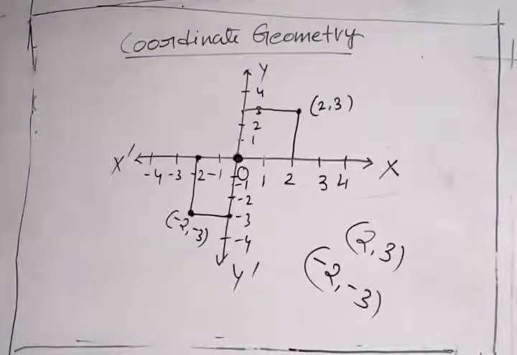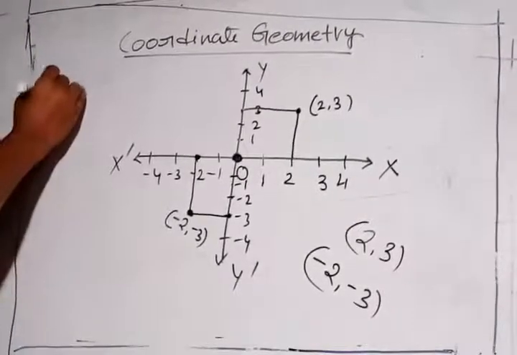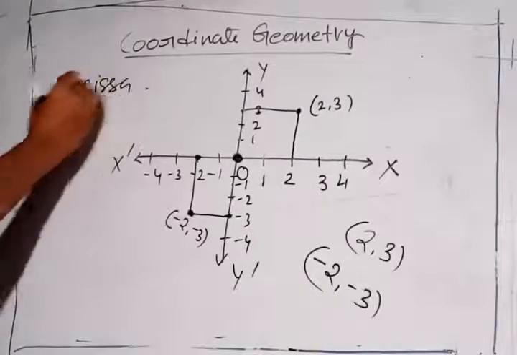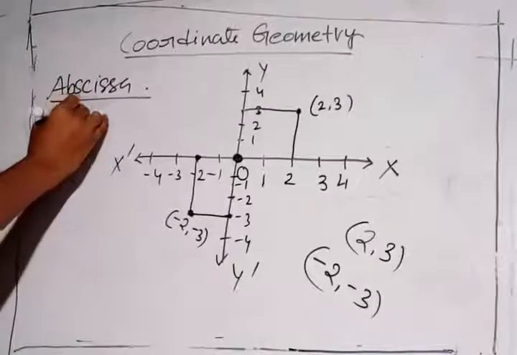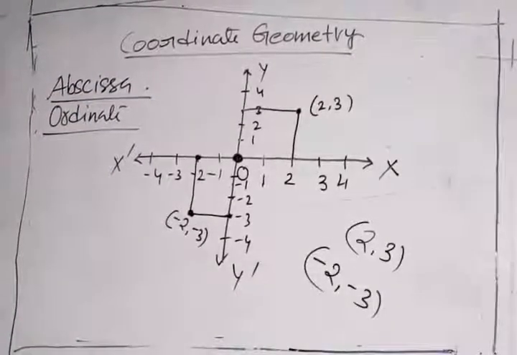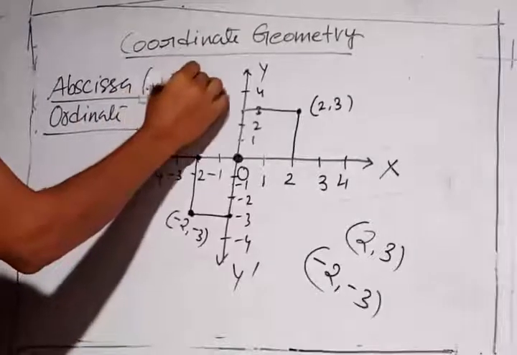Now another two terms we usually use for this value of x and y, these are called abscissa and ordinate. Abscissa is nothing but the value of x.